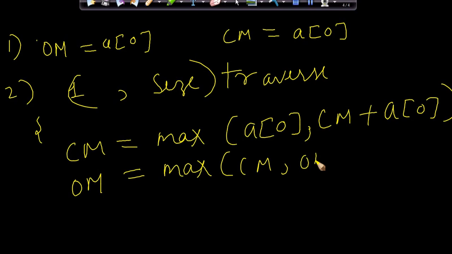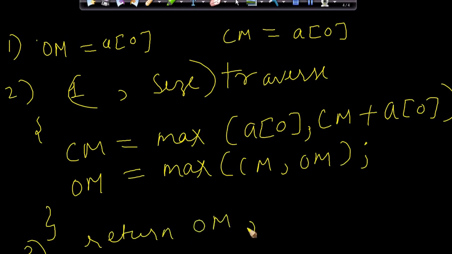We'll update it with the help of this statement, and at last we'll return overall max. So this case, if you see, handles the case in which all the elements are negative also.